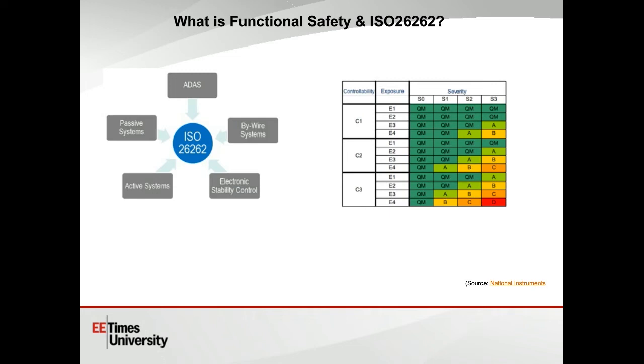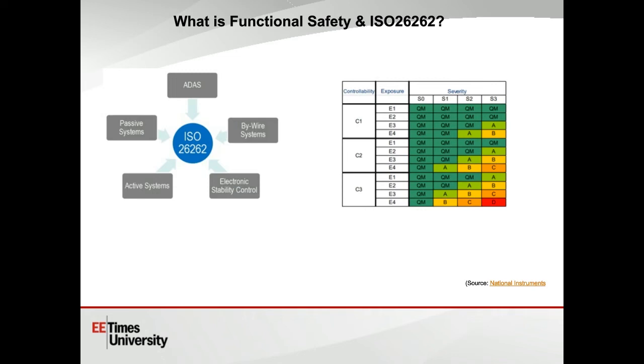As you can see here, the ISO 26262 covers a large number of devices. And essentially what they do is they classify events by severity, which goes, you see across in the columns of this table. S0 is an event where there'll be no injury. And S3, conversely, if something happened there, that would be a life-threatening injury.